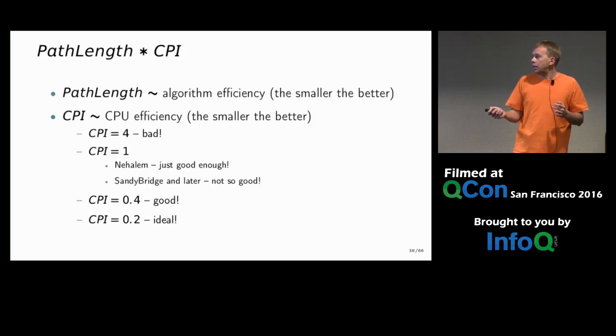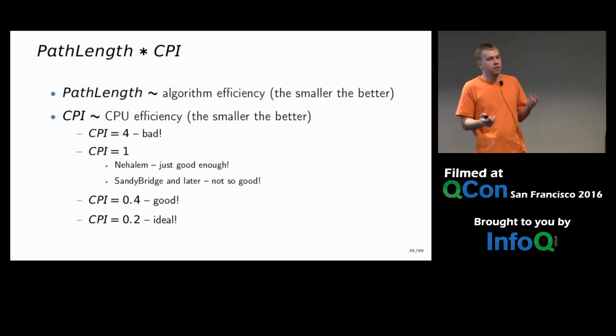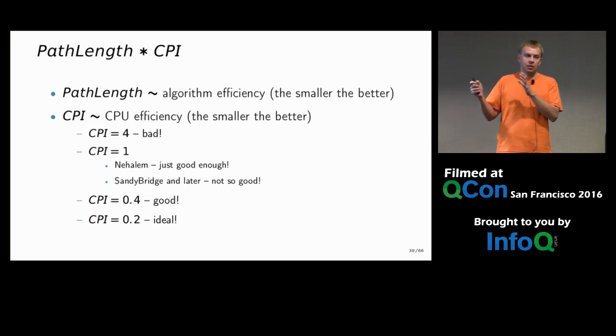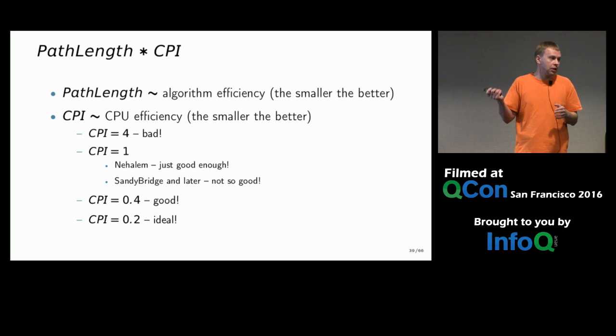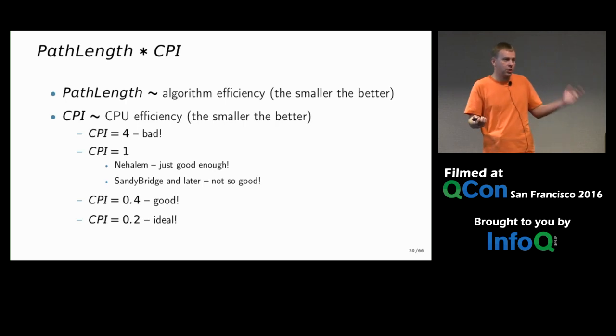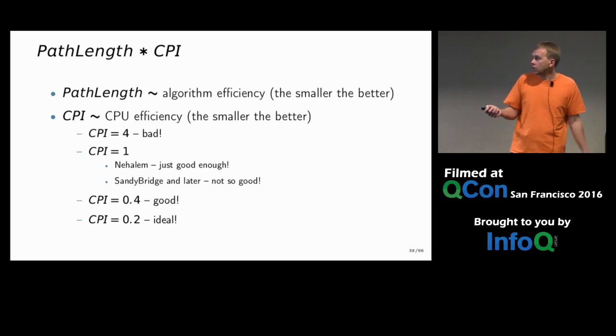Path length is a metric of your algorithmic efficiency. It's simply the number of instructions which you have to execute to do the desired task. From hardware counters it's assembly instructions, but it's correlated with the amount of Java or Scala code you wrote. Just a concept.